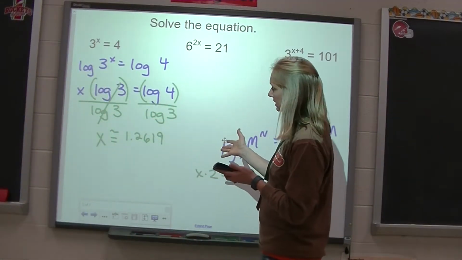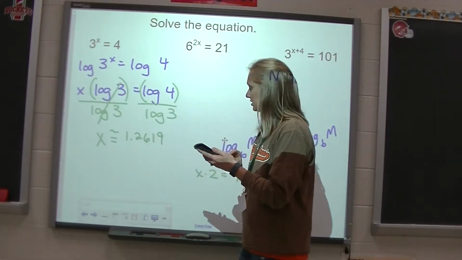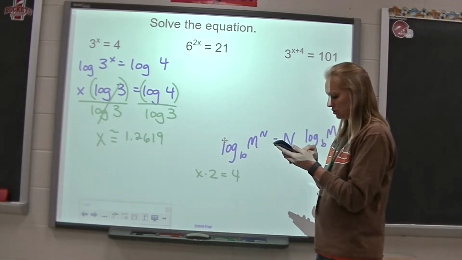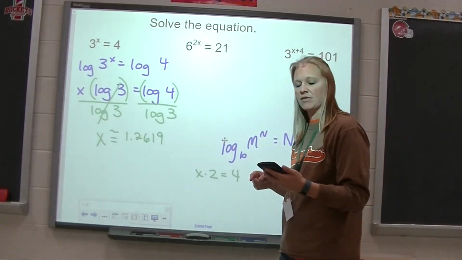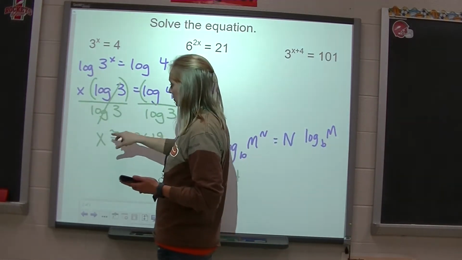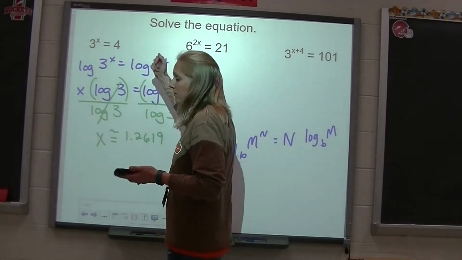Okay, so vice versa, if I did then plug this to check, if I did 3 to the power of 1.2619, I get 4.00017779. Right, since this was an estimate, it was about. So when I plug that in, it's going to equal about 4, which it does.